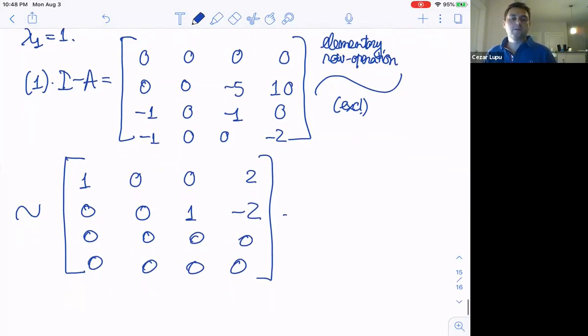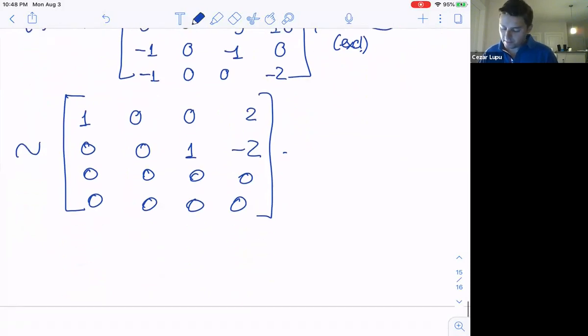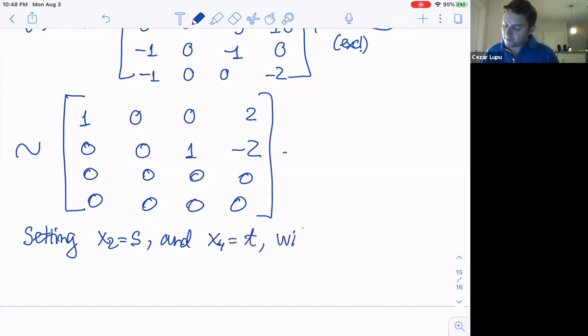Now it's quite clear to see when we look at the system of linear equations. We have 4 variables. Only 2 equations matter here, so it will have infinitely many solutions. And now we set x2 to be s and x4 to be t, with s and t real numbers. We have the following solution.